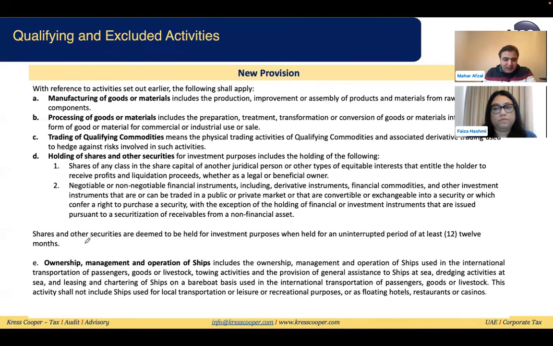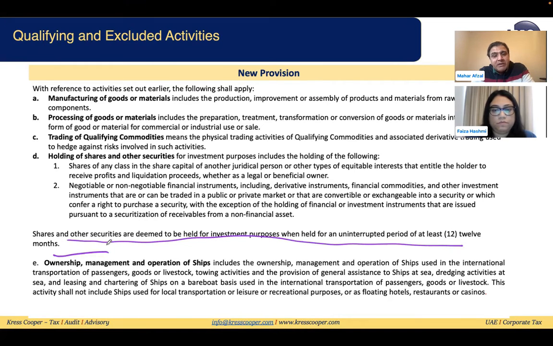In the description, they have mentioned this line, whatever I'm asking: for investment purposes means when held for an uninterrupted period of 12 months. If the qualifying free zone person is making investment in the shares or securities of any company, they are asking for shares and securities of a juridical person, which is a very important word.